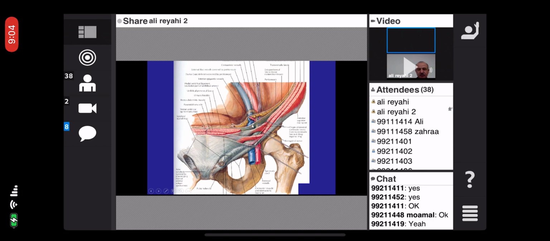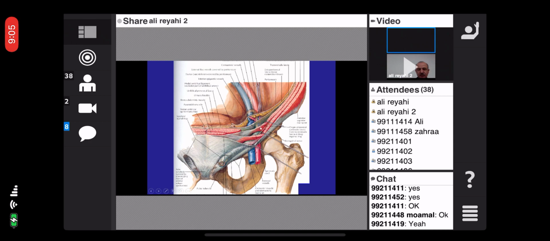And this fascia, transverse fascia, forms the posterior wall of the inguinal canal, okay? And look at here, this nerve that enters the inguinal canal from the roof, from above, from the roof of this canal.